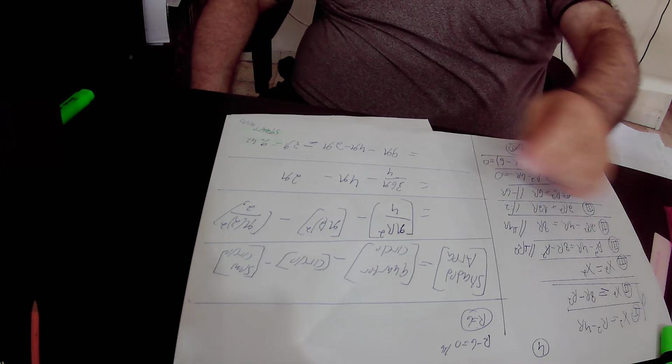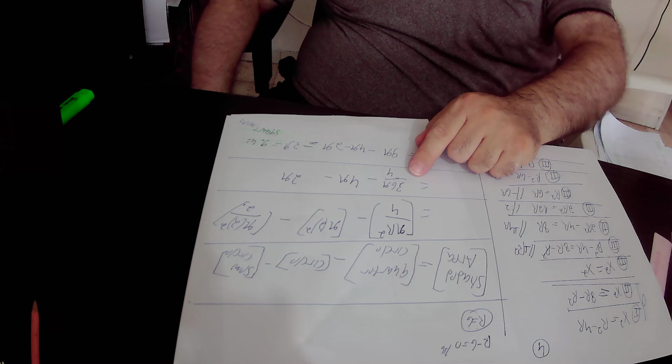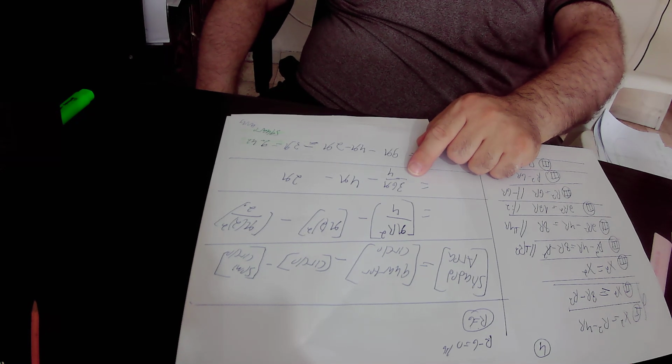And we just found out that capital R equals 6, so pi R squared is pi 6 squared, and 6 squared is 36.